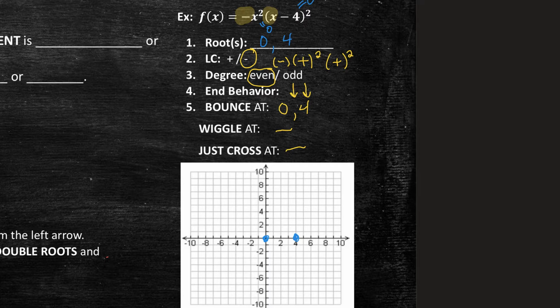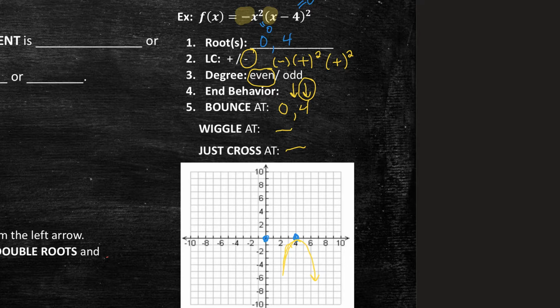So now we're going to go ahead and graph it. Now when you graph it, you want to start on the right side of your graph and do what the right side of the graph is supposed to do. This is supposed to bounce, but it also has to go down. So when I graph that, the right side is going down, but it's a bounce, so it's going to come off of it like that.